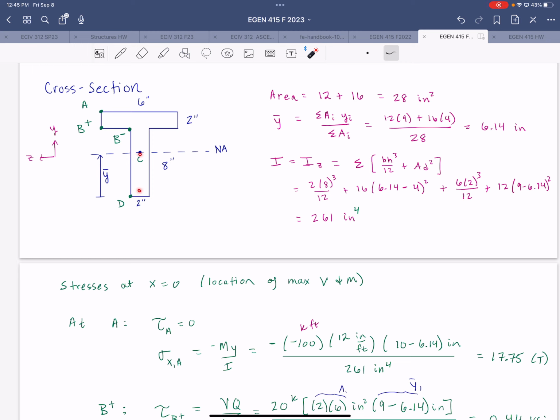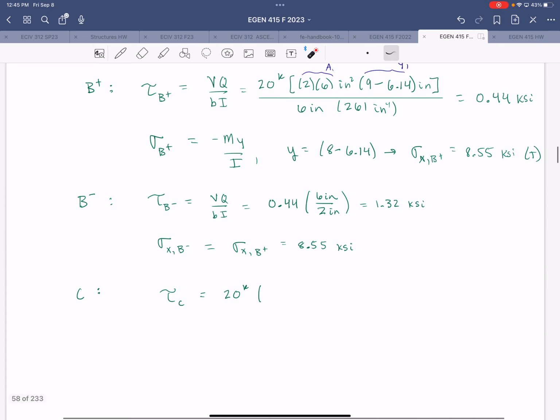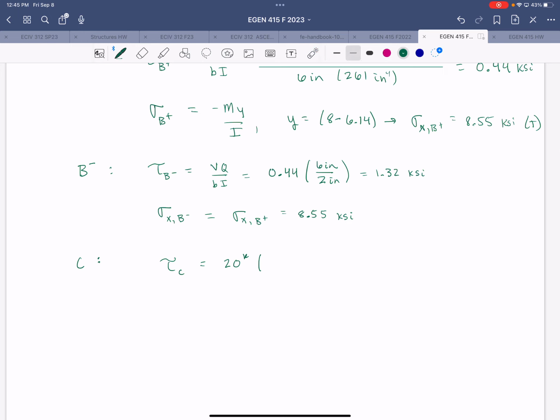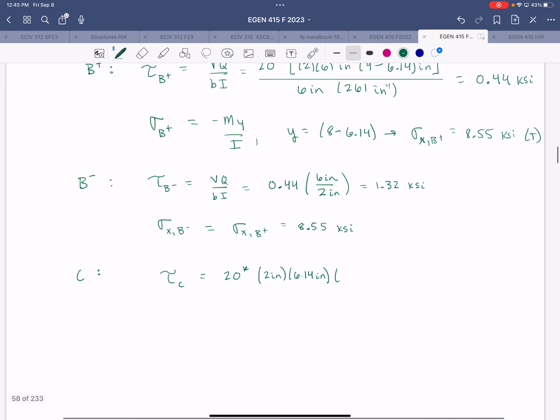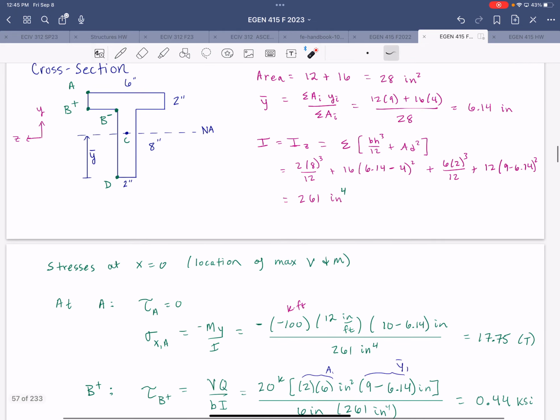So we can choose either direction since we're at the neutral axis. All right, so we want to use the area below C. So that's going to be 2 inches times 6.14. And then the y bar is still the same definition, right?